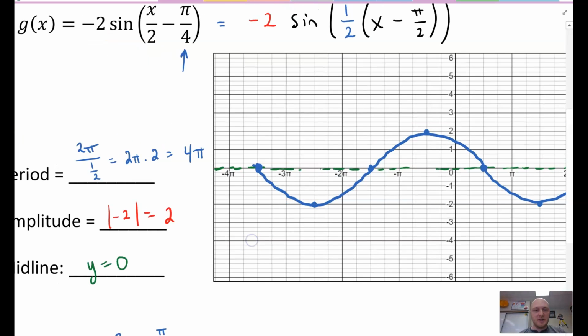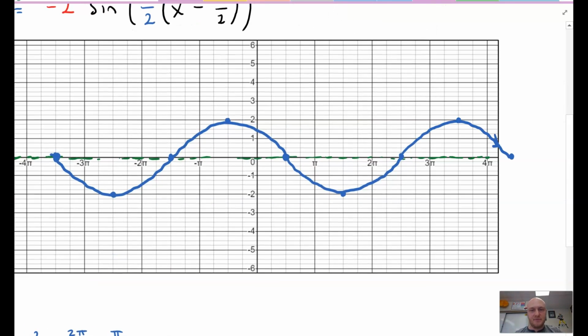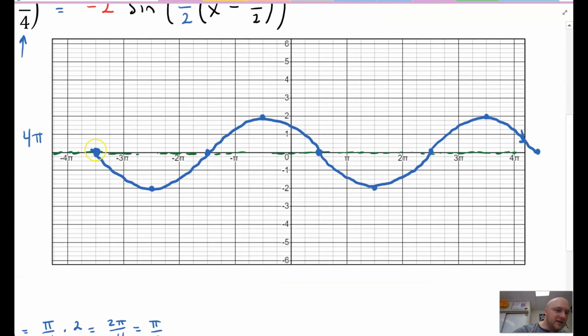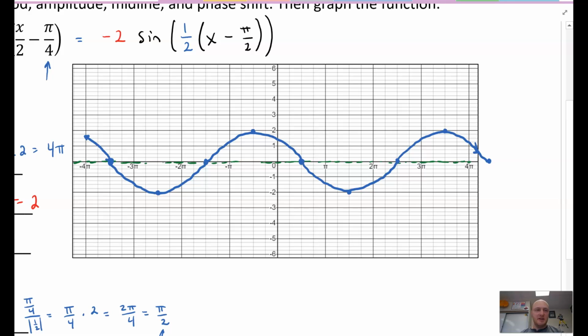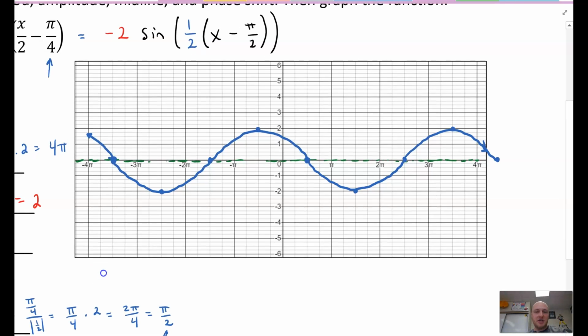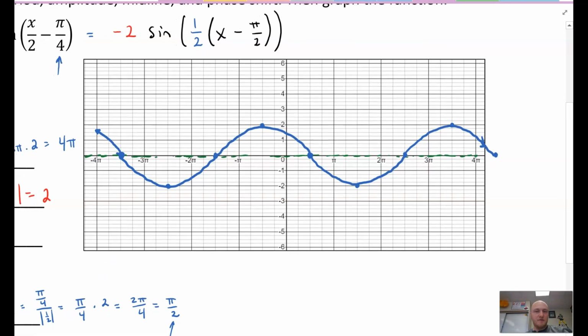So there's another cycle. Can I fit in one more? I don't think I can. I'm a little short on it, but there we go. I'll just add this. So there is our graph with period change and phase shift.